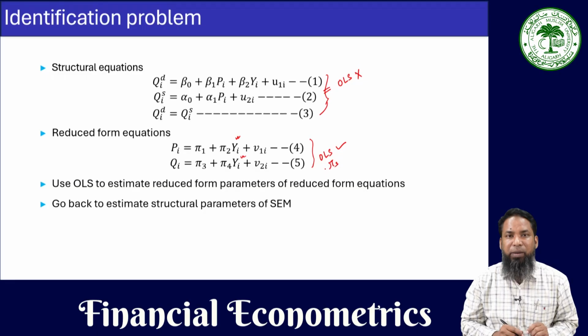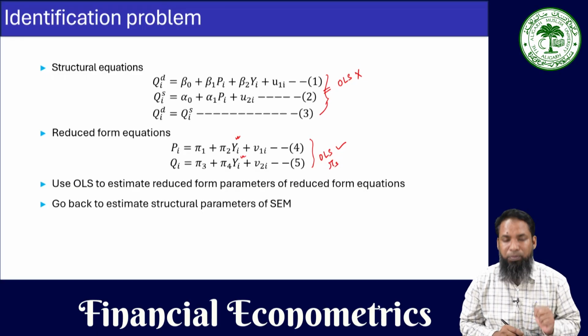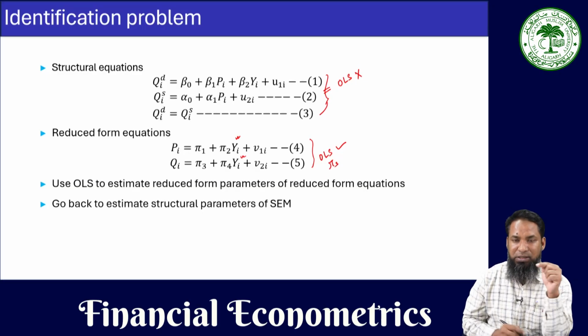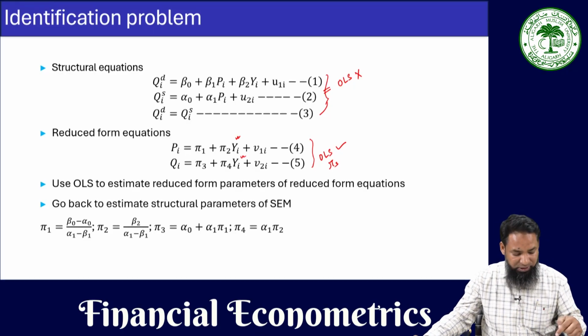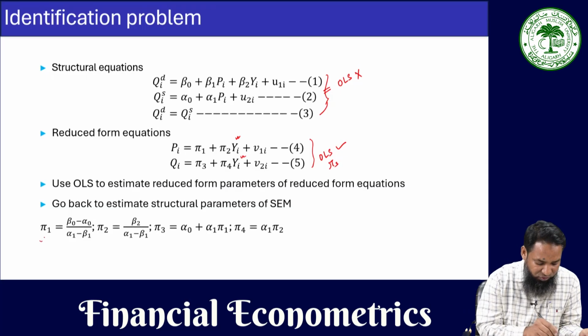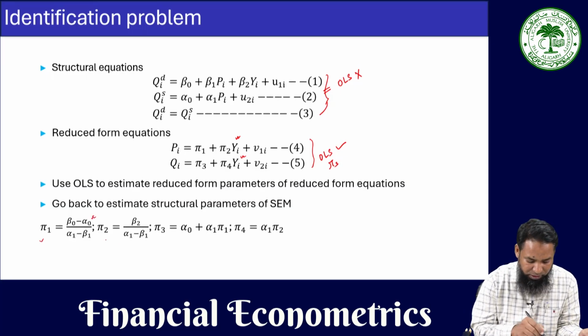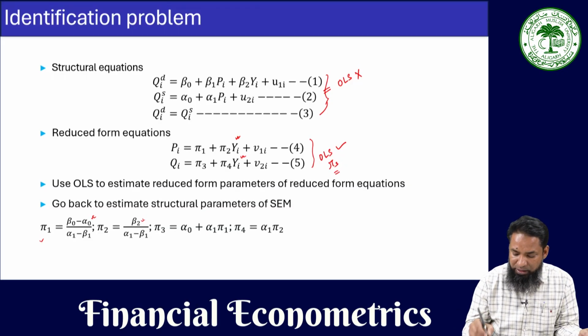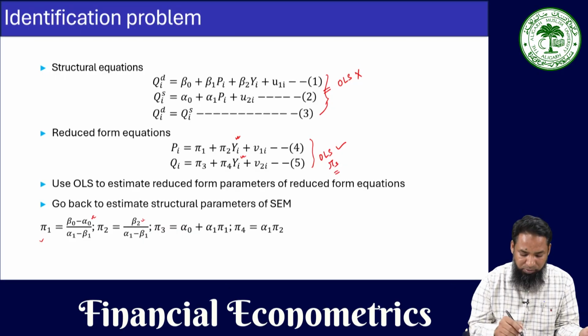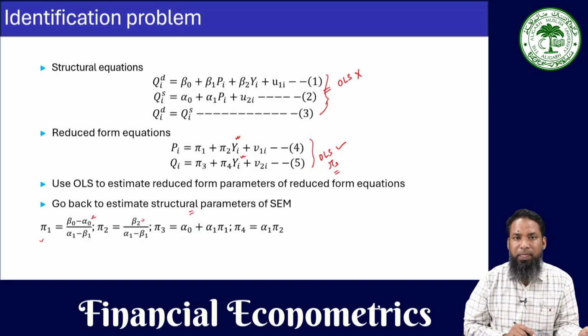Now once we have estimated the reduced form parameters, the pi's, we have a relationship: this pi 1 is nothing but something we can represent in the form of the structural parameters. So once we estimate the pi's, we can go back to get the estimates of the structural parameters.